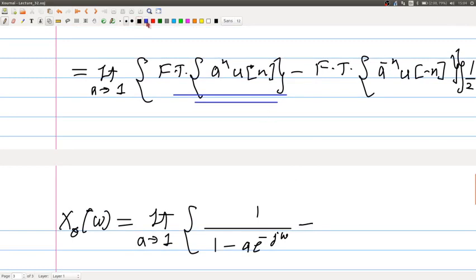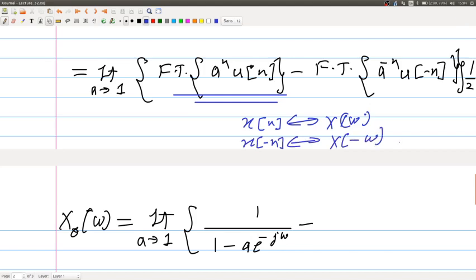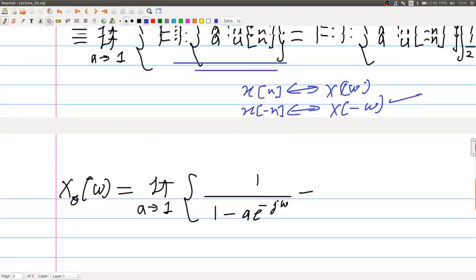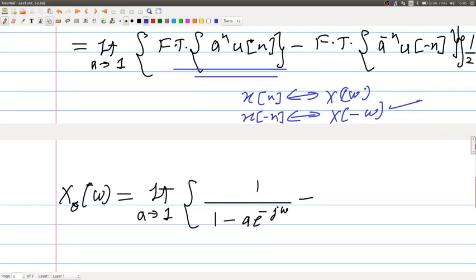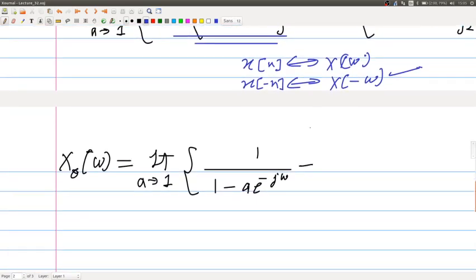So we know that if x of n has a Fourier transform of X of omega, then x of minus n has the Fourier transform of X of minus omega. We had derived this in lecture number 28-29. If you are not familiar with this, you should go back to those lectures and refer to the derivation, refer to the property.